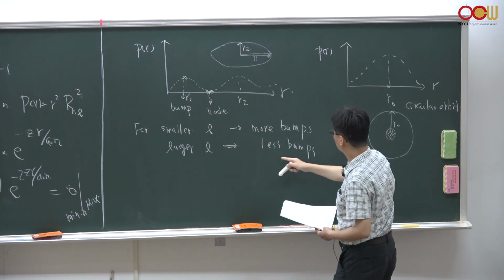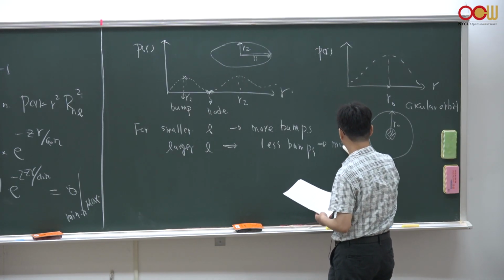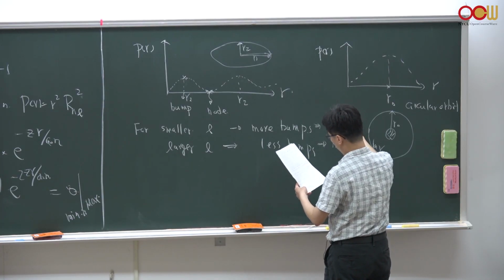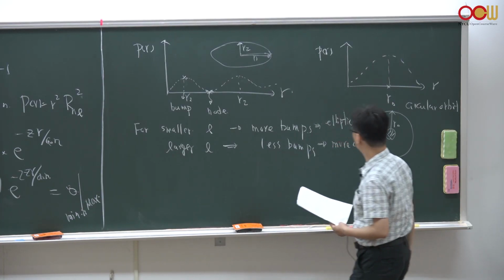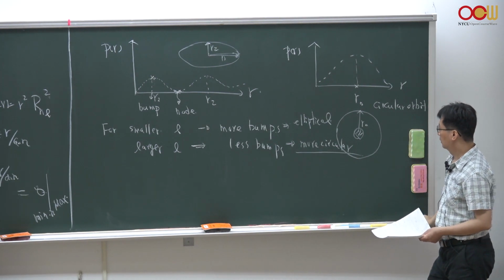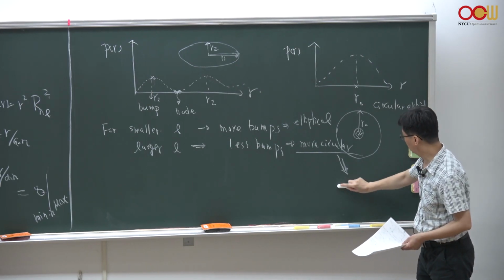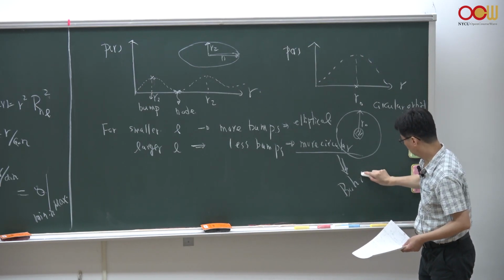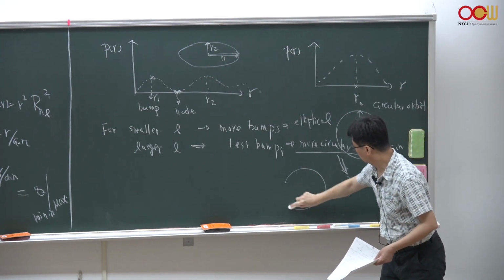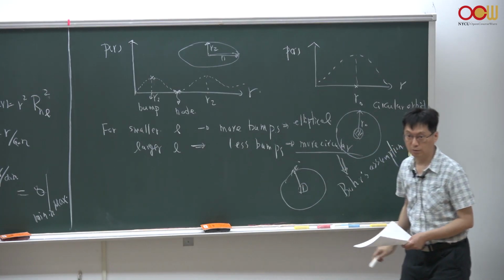Fewer bumps make the orbits more circular, and more bumps make them more like an irregular or elliptical shape. For the case with the fewest bumps, where the orbit looks more circular, this is precisely Bohr's assumption, that the electron is circling around the nucleus in circular orbits.